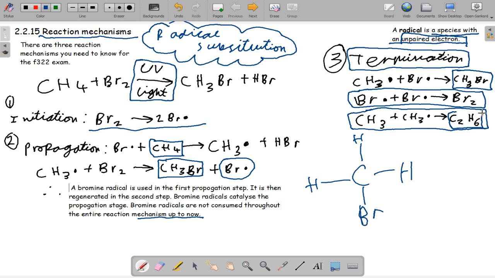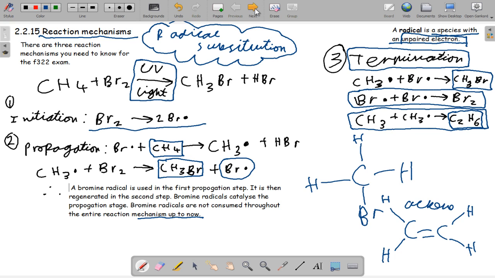Note, when a radical combines with another unpaired electron with the carbon, it becomes an alkane.